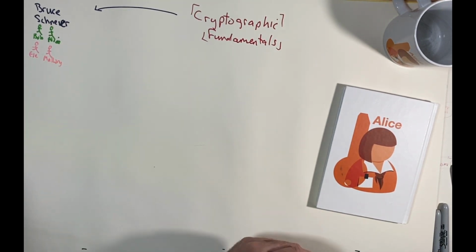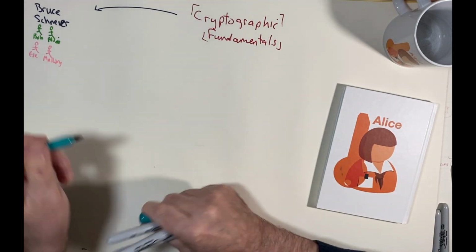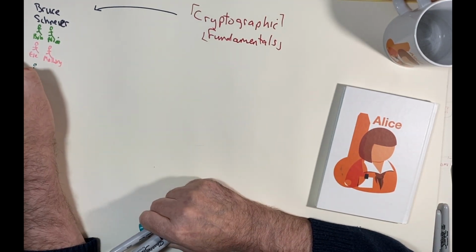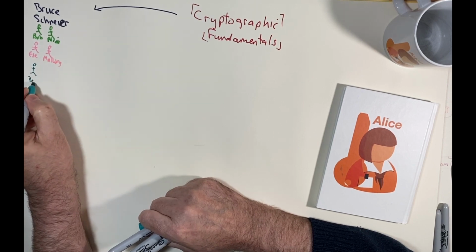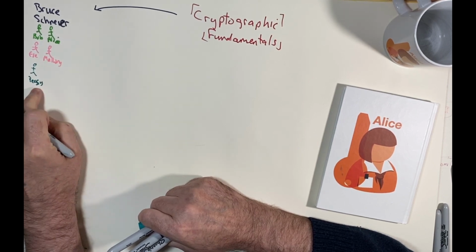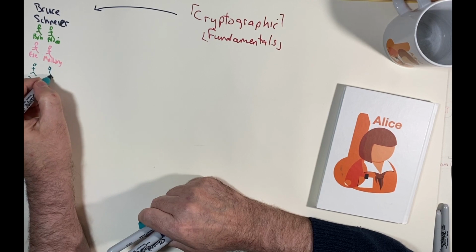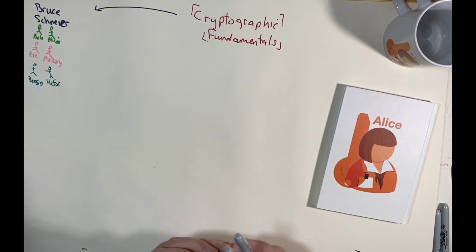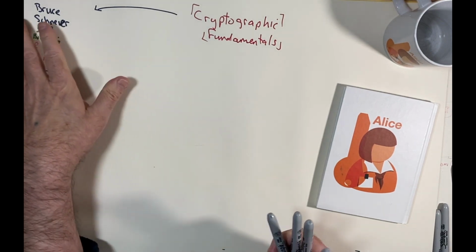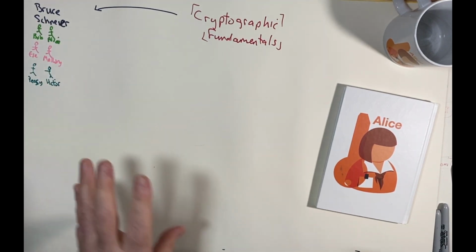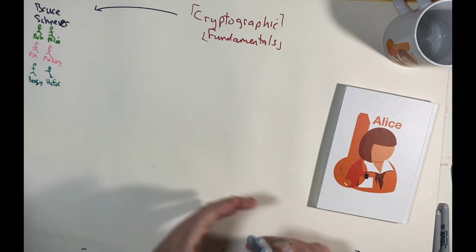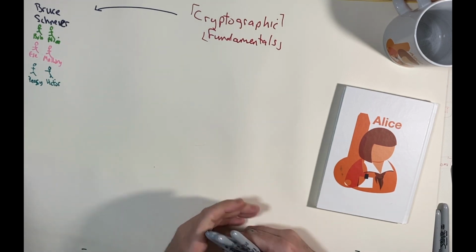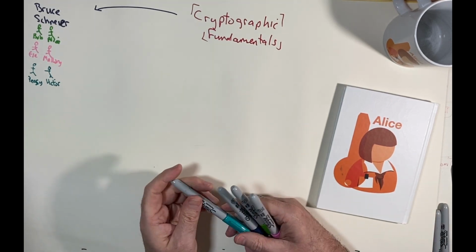And we also have other actors such as Peggy, the prover, and Victor, the verifier. Okay, so Bruce Schneier has laid out some of the characters that we could actually define in cybersecurity stories.